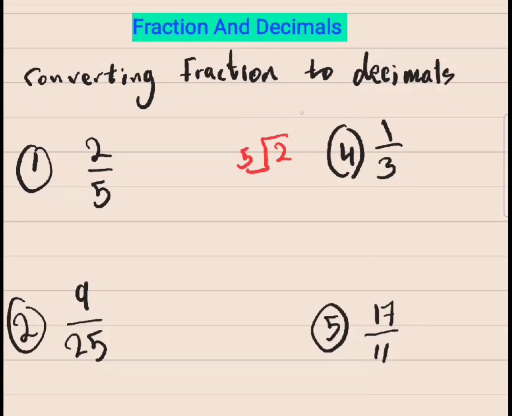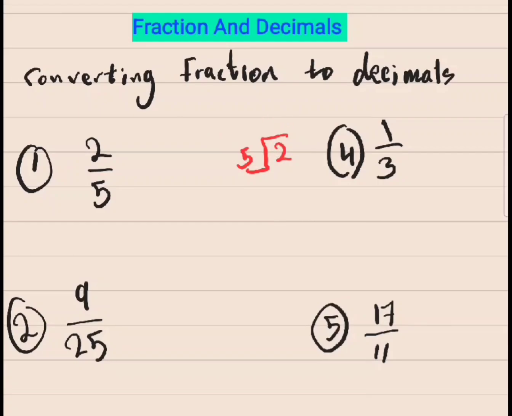So we can't do 2 divided by 5, right? We can't take a whole group of 5 out of that 2. So we need to extend our division problem by putting a decimal and a 0.